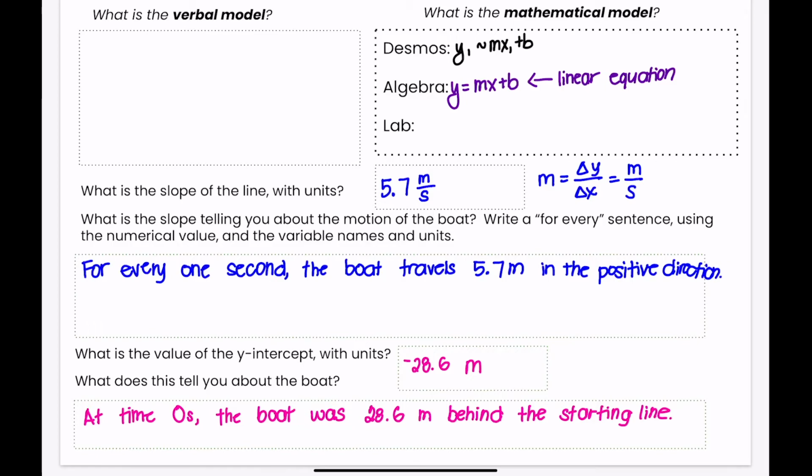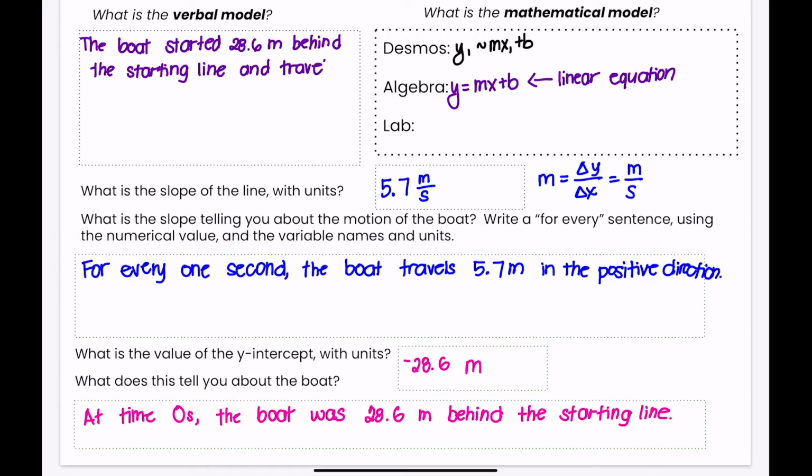All right, and now our verbal model is: the boat started 28.6 meters behind the starting line, and travels 5.7 meters forward for every 1 second.